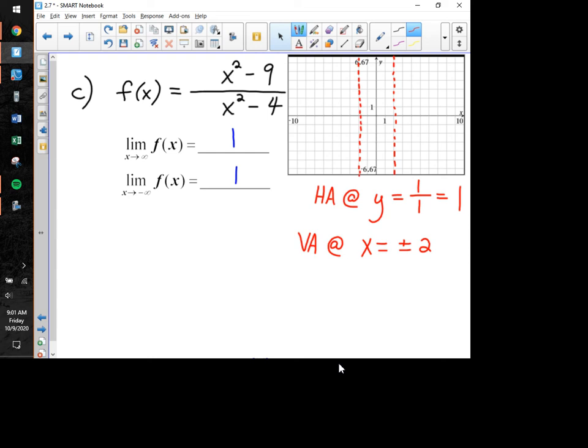The fact that we have two vertical asymptotes changes things pretty dramatically from the last two functions that we've dealt with. That means that this graph is going to exist in 3 different pieces instead of just in 2. Let's keep that in mind. Horizontal asymptote right here at y equals 1. That's the only one that we came up with.